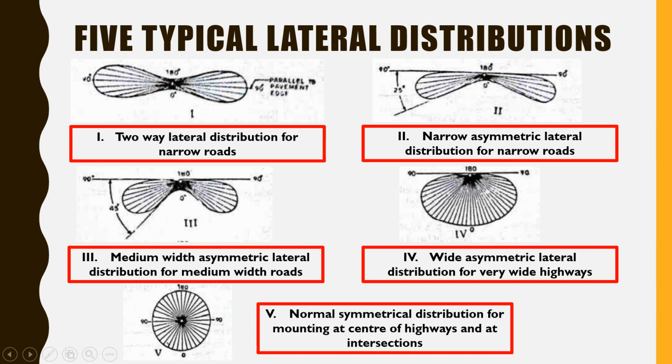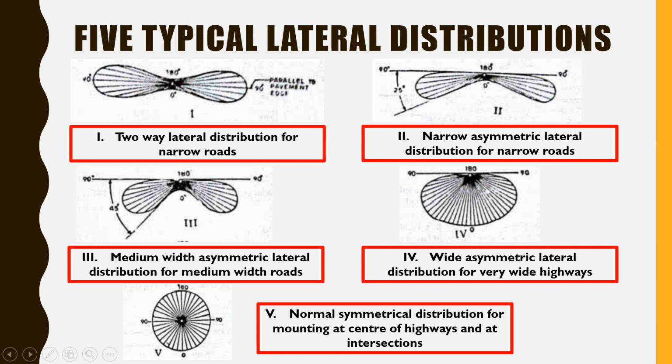Another type, type 2, also favorable for narrow roads, is narrow asymmetric lateral distribution. Here it is not symmetrical about 90 degree, it is towards the 0 to 90 degree side only. You can see up to 25 degree this illumination occurs.